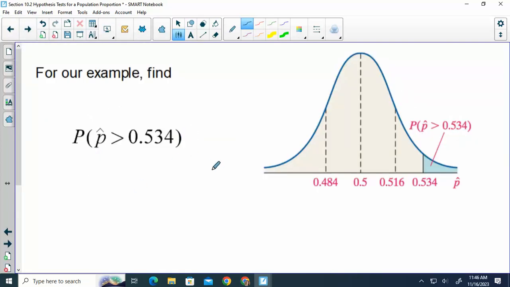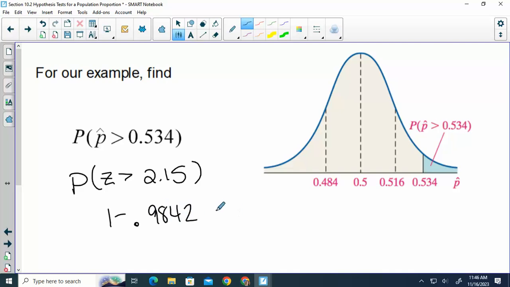In our example, if you go ahead and look up the 2.15 on our table, remember we turned this into a z already. We got our z to be 2.15. So greater than, on the table we have to do what? 1 minus the number on the table? And we get 0.0158.